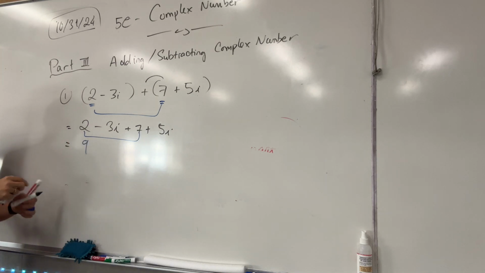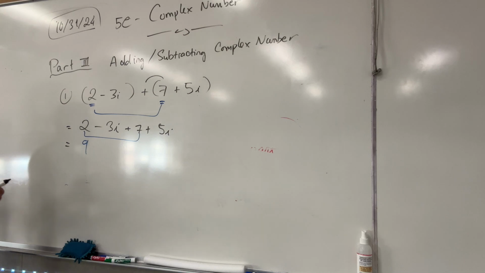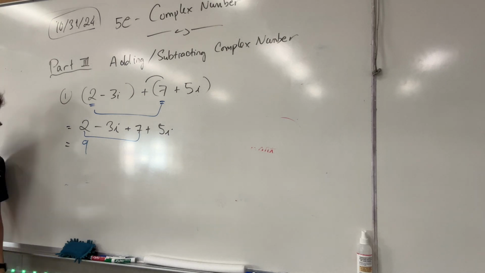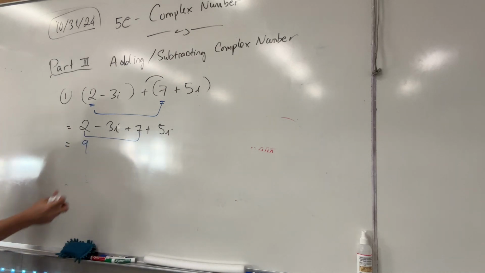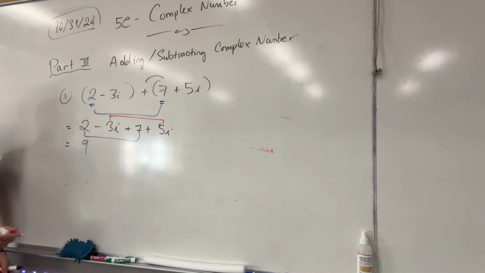And the negative 3i and 5i, what part is that? It is the imaginary part. So combine them together. Exactly what Gabriel said, combine like terms. Negative 3i plus 5i. Is that 2i or 2i squared? 2i.